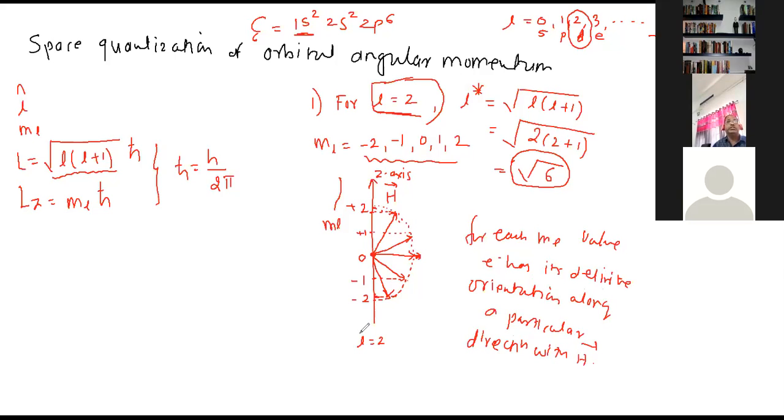With h bar means with applied field or with applied magnetic field. In this way, are you getting? This is that the orientation is definite. See, orientation is quantized. So we are in the vector atom model, we are discussing the first part only.